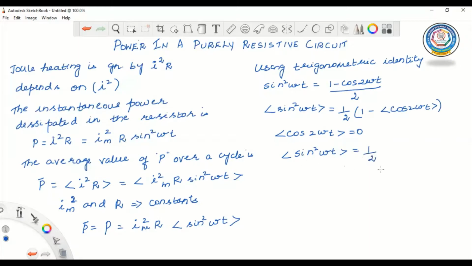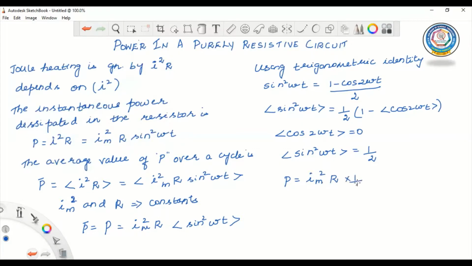When you substitute this value in our average power, P is equal to Im square R into 1 by 2. Am I right? Yes.